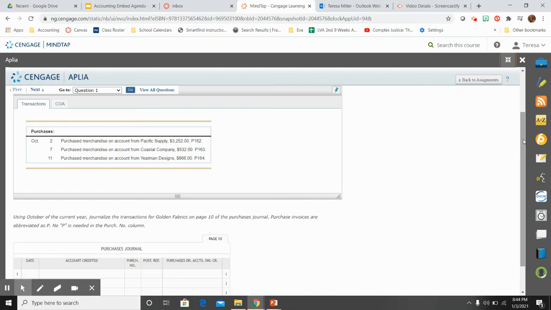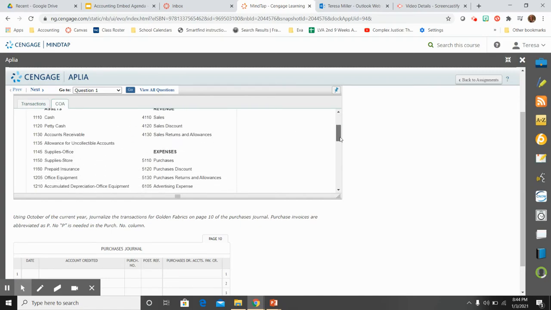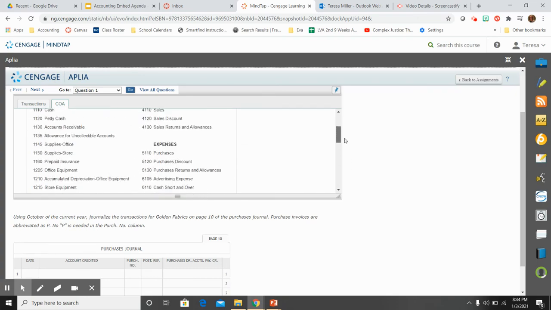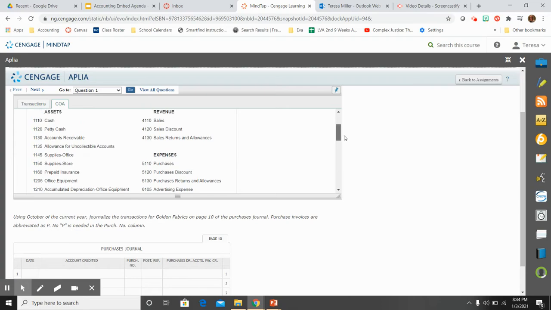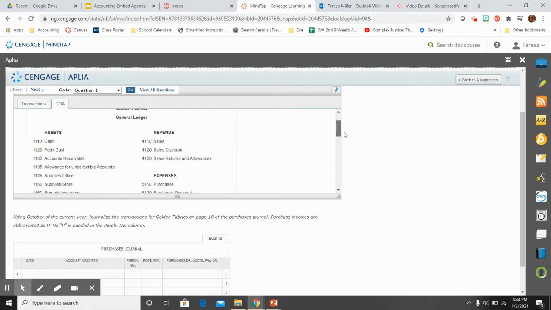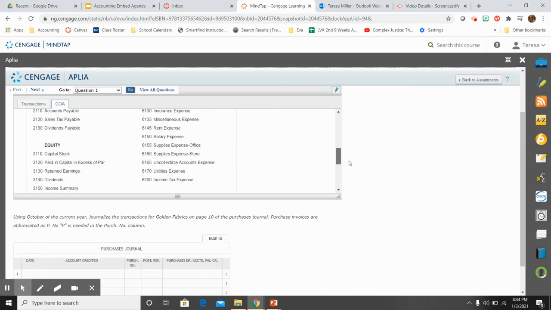Okay, so this is all going to be just purchases, just kind of reviewing our transactions here. We have our chart of accounts here, and you can see that our chart of accounts has expanded a little bit. So we have our assets, our liabilities, our equity.